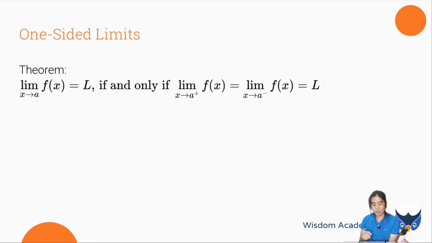So, ibig sabihin, kung ang limit ni f of x as x approaches a is equals to L, ibig sabihin, pareho yung one-sided limits nila equal to L. Ganun din, on the other hand, kapag yung both one-sided limits from the right and from the left is equals to L, ibig sabihin, limit ni f of x as x approaches a is equals to L. Okay? So, it goes both ways. Since we use if and only if.